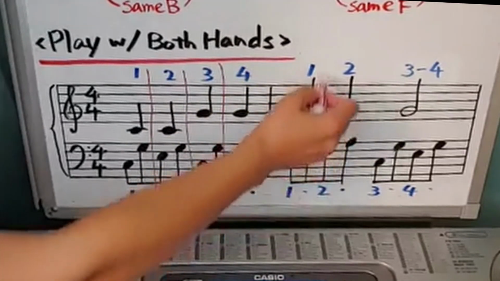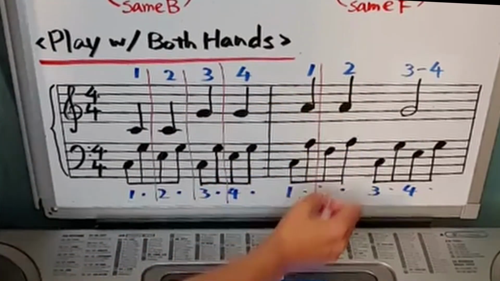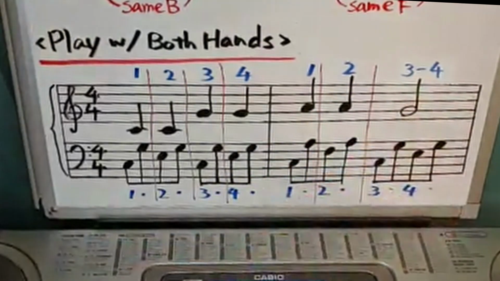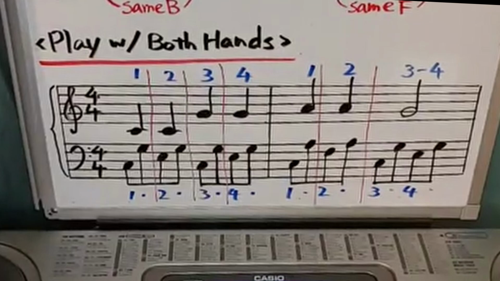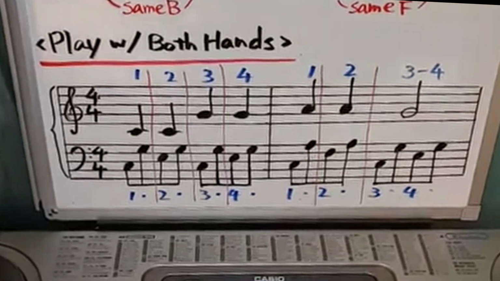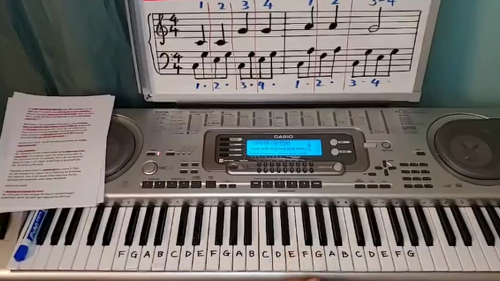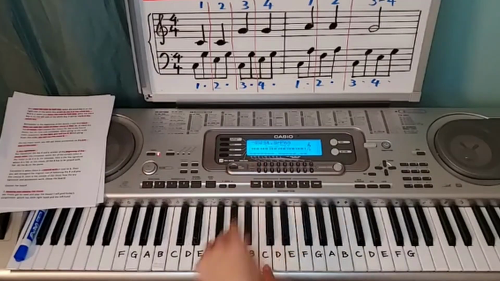And again, 1, 2, 3, 4. So you know how many notes you're playing on the left hand while the right hand is playing. What I mean is, when you play the first part with the right hand, while the first C is playing, your left hand has to play 2 notes.